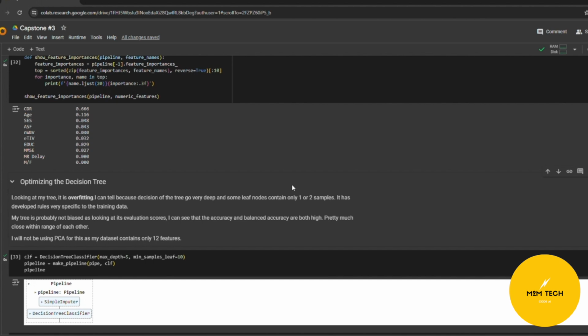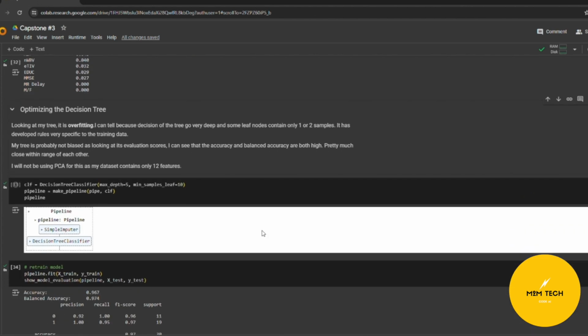However, bias is not an issue, as looking at the metric scores, we can see that the accuracy and the balanced accuracy are both high and that they're pretty much within range of each other. I will also not be using the principal component analysis for my decision tree just because my dataset contains only 12 features and it is not necessary.